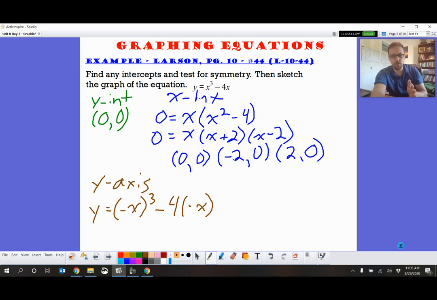If we cube negative x, it's going to end up being negative x cubed. And then a negative x times a negative 4 is plus 4x. Okay, so now that that's simplified, it didn't turn back into this. So it's not symmetric to the y-axis.